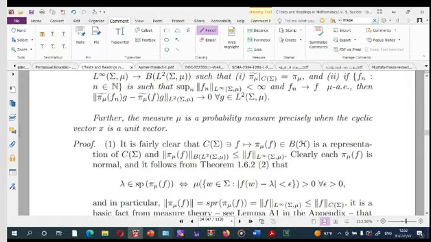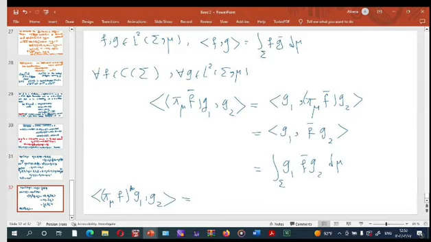So this is equal to g1 P mu of f of g2, and this is equal to g1 f g2, and this is equal to this integral of g1 f g2 by d mu.